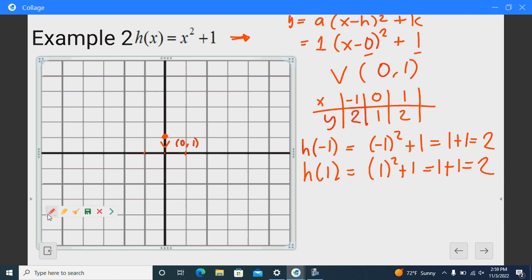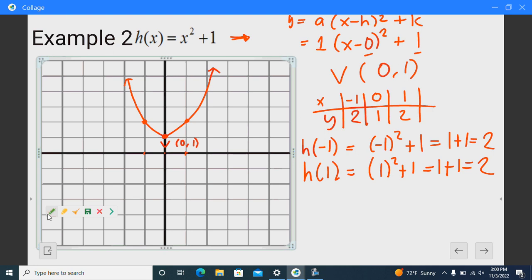Okay, so let's plot 1, 2. The other side is negative 1, your y is 2. So having those points, we can have our parabola. So therefore, here's our graph.